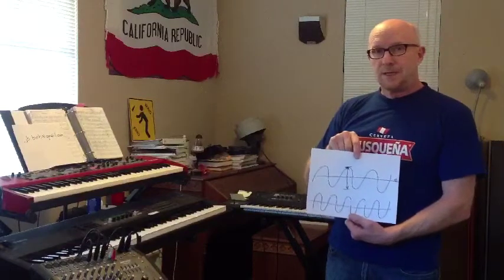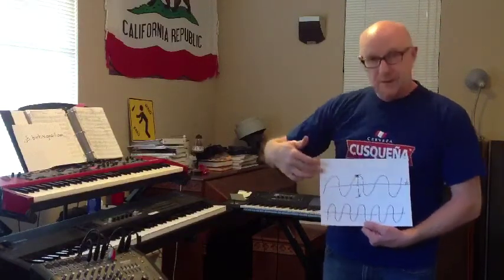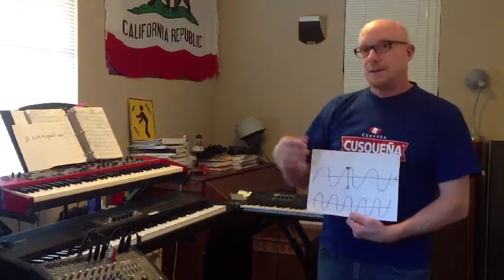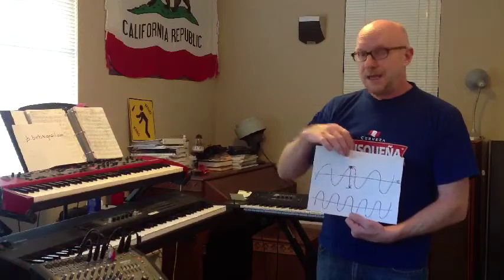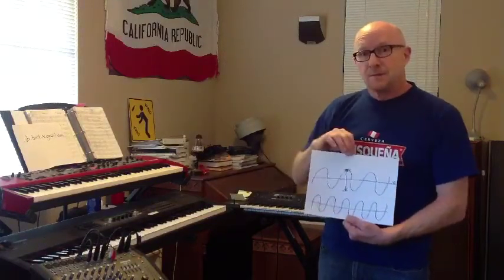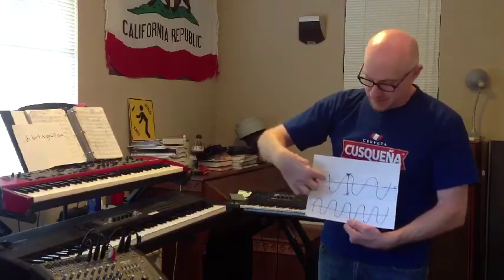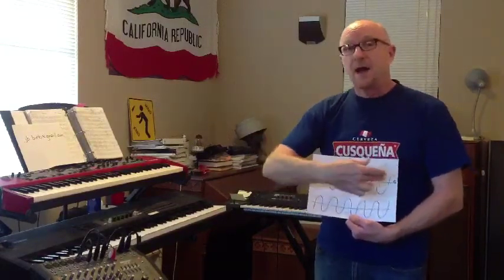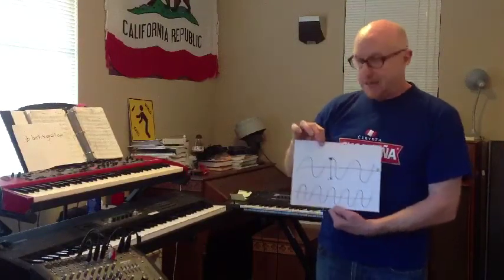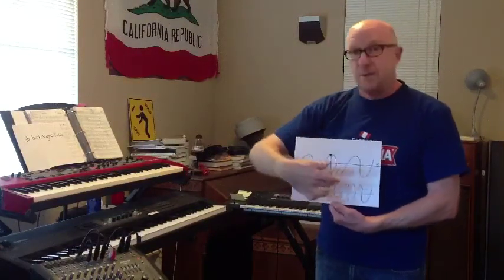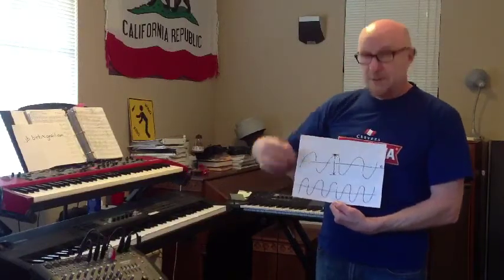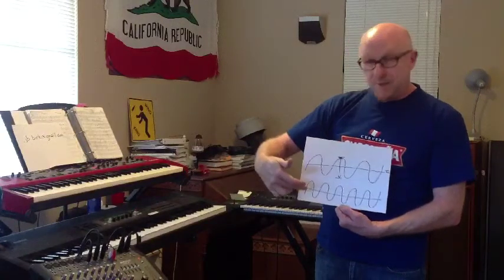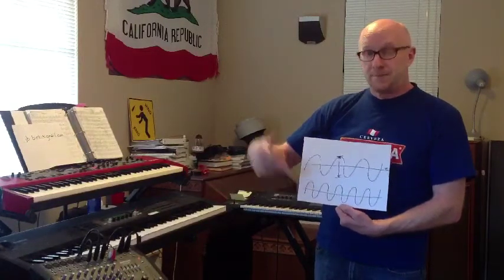Frequency can be represented again graphically, in this case, as the number of waves passing through a time-elapsed medium. So in this case, we see about 3 or 4 waves in this x-axis time horizon, whereas below that we see 6 or 7 waves in the same time horizon. So this would be relatively low frequency, and this is relatively higher frequency. Okay?